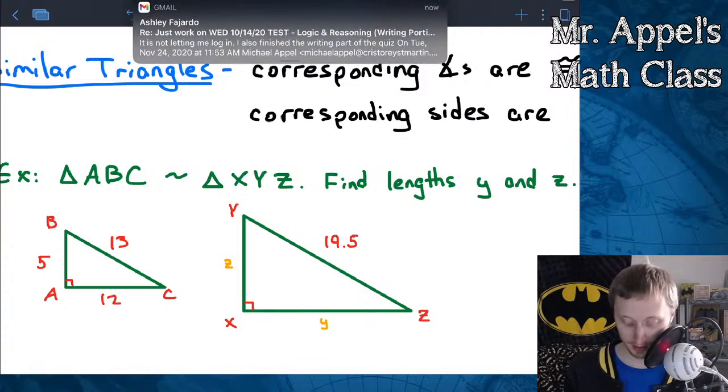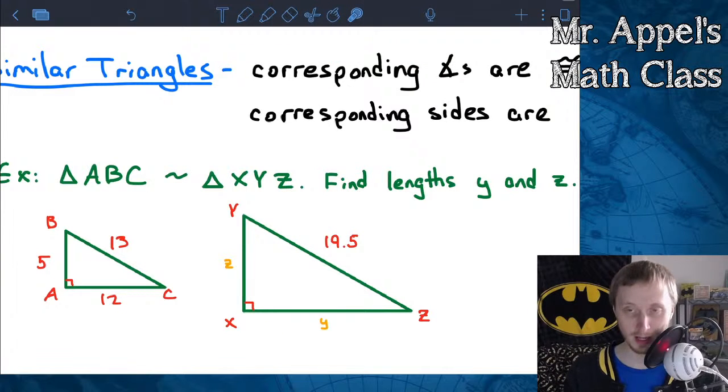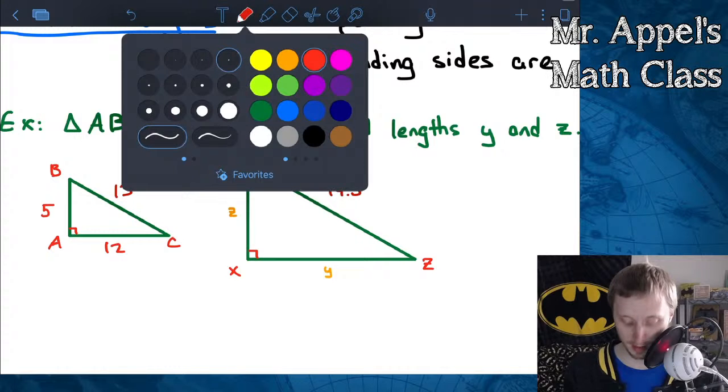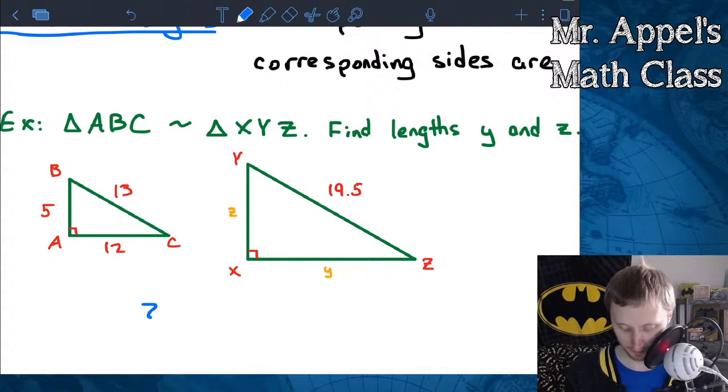Which means I can see the only given length in XYZ here is the 19.5. That has to correspond with the side 13 there. So if I wanted to find Z, I could set up a proportion here and say Z corresponds to 5.